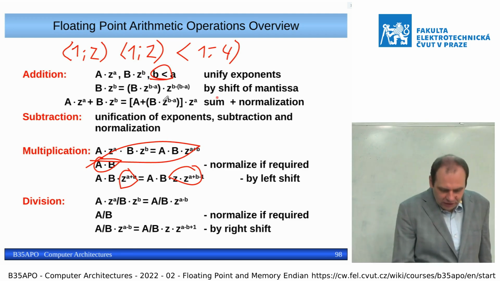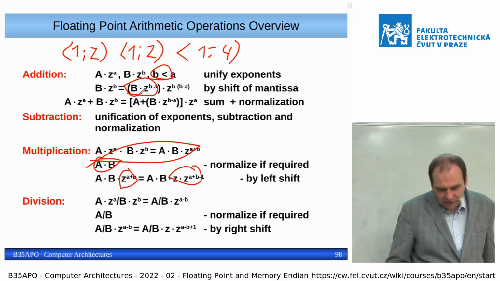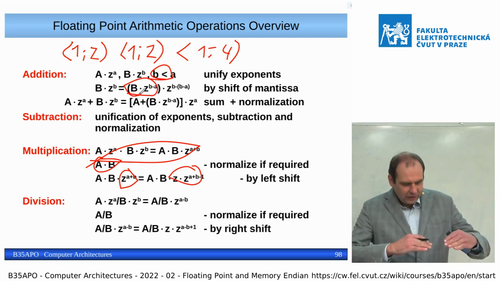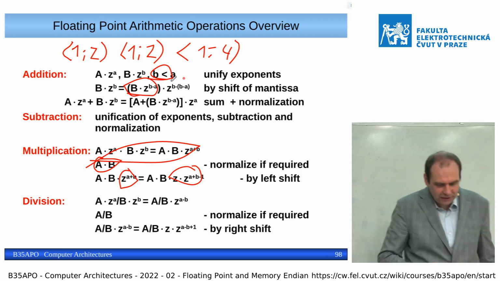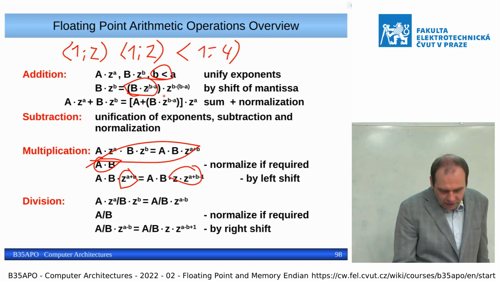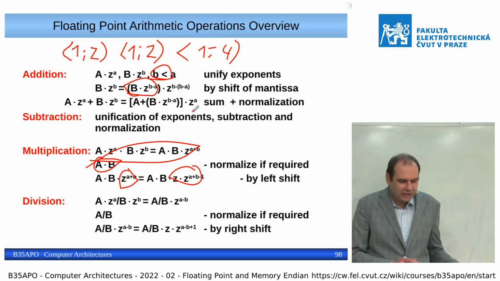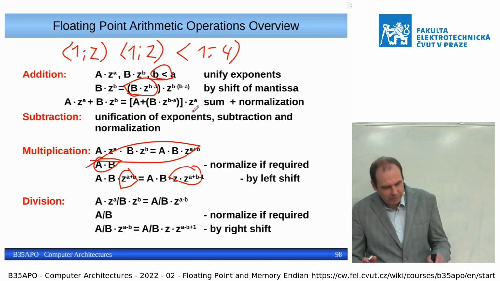That one which has the smaller exponent, we shift right by the difference of the exponents. Then we have corresponding digits one below another. And then we can add those mantissas together, and we can have a problem that the result, if it is an addition at the end, needs normalization by 1 bit, right?